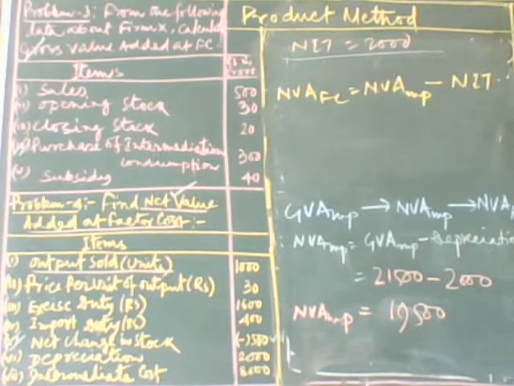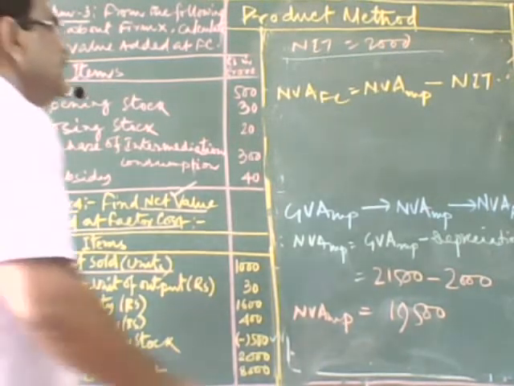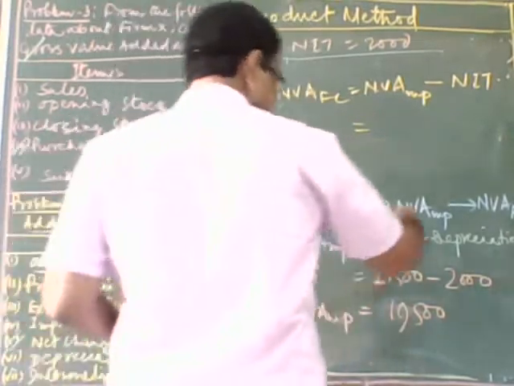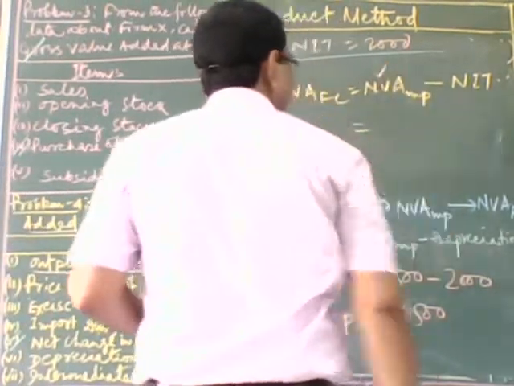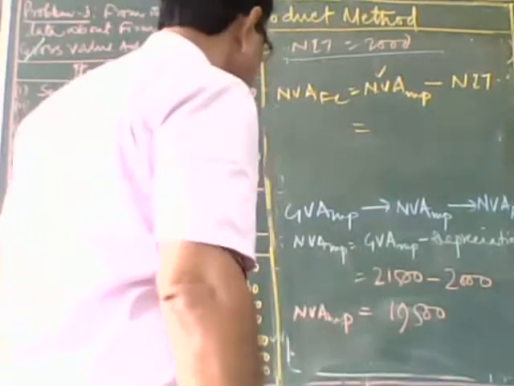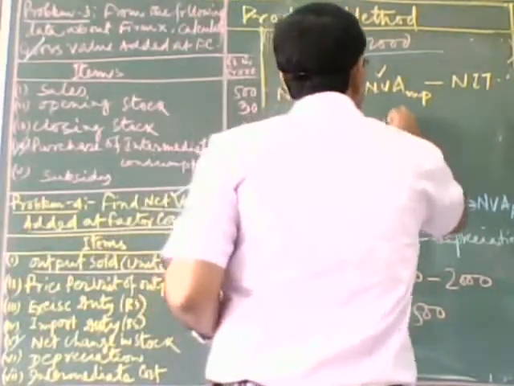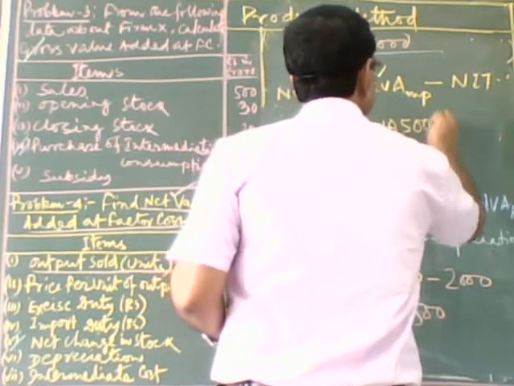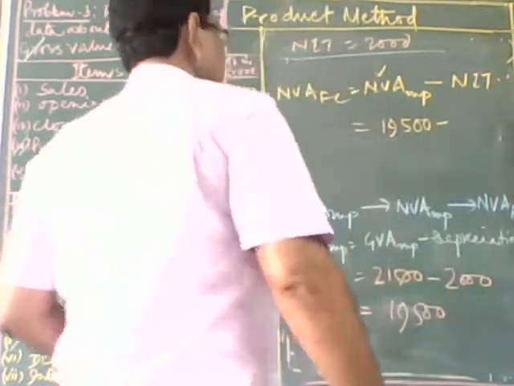So FC is equal to MP minus NIT. The value of NVA at market price is 19,500 minus NIT.